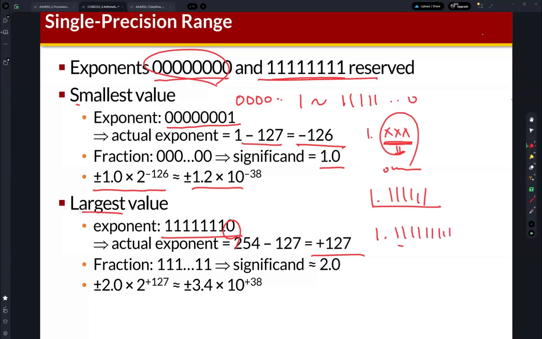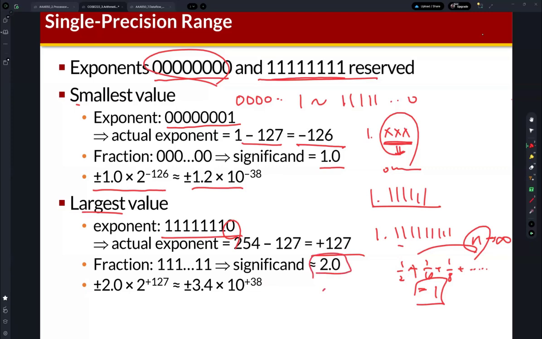This is 1 over 2 plus 1 over 4 plus 1 over 8 and so on. This sum is similar to 1; if it goes to infinity, it approaches 1. It's mathematics.